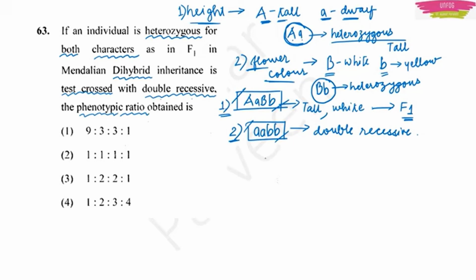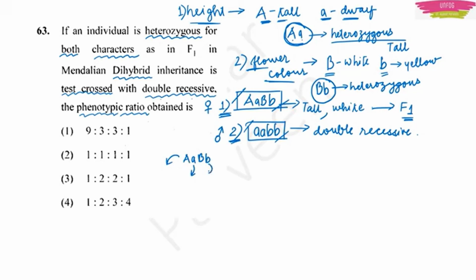So for that we have to do a dihybrid cross. First we'll have to form the gametes. For us, capital A, small a, capital B, small b is the first parent and small a, small a, small b, small b is the second parent. Let's take this as a female and this as a male. Now we have to form the gametes first, right? In an easy way you can form the gametes.